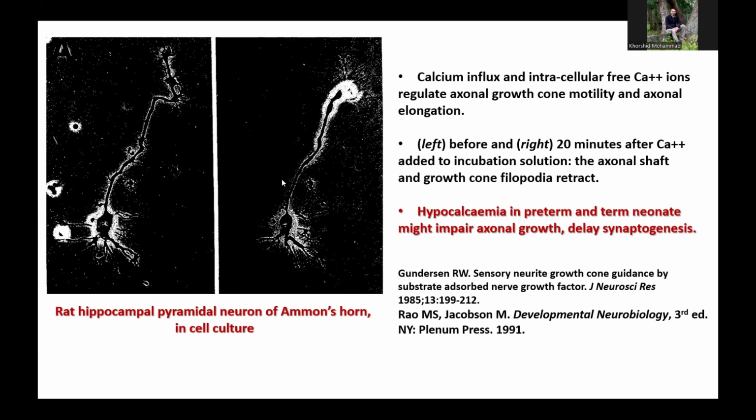This is the same cell before and after the calcium was added. So hypocalcemia and hypercalcemia in the preterm and term neonate can impair axonal growth and can delay synapse formation, since these can't reach their target to form synapses.